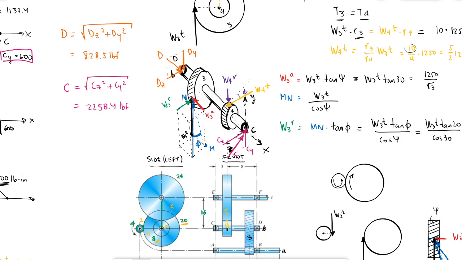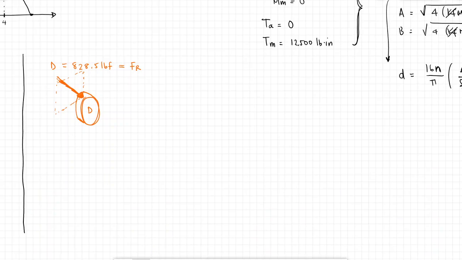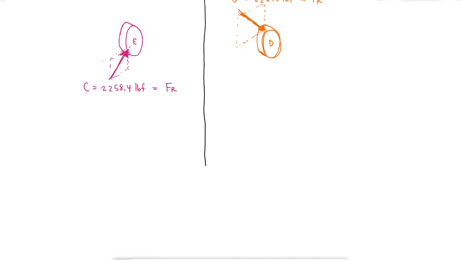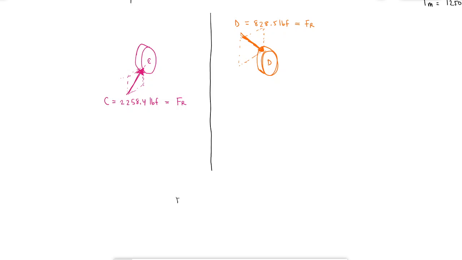So if I draw shaft B on the x-axis, where this is D and this is C, I have a force right here going towards the left, where gear 3 is located, and this force is equal to W3 axial.